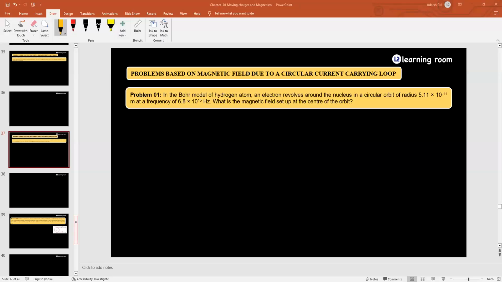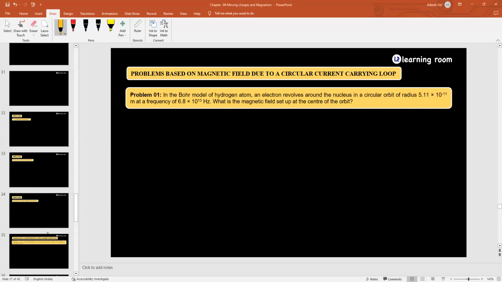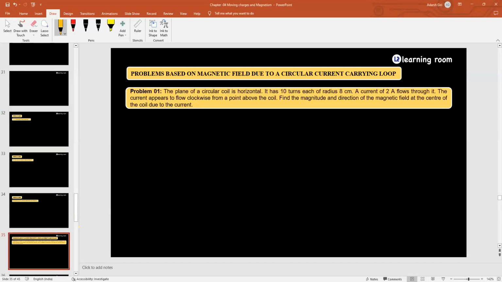Okay. So till then, do you have any doubt that we can discuss prior to the initiation of the class? Any doubt? So you have done till the derivation of this magnetic field due to the circular current carrying conductor.